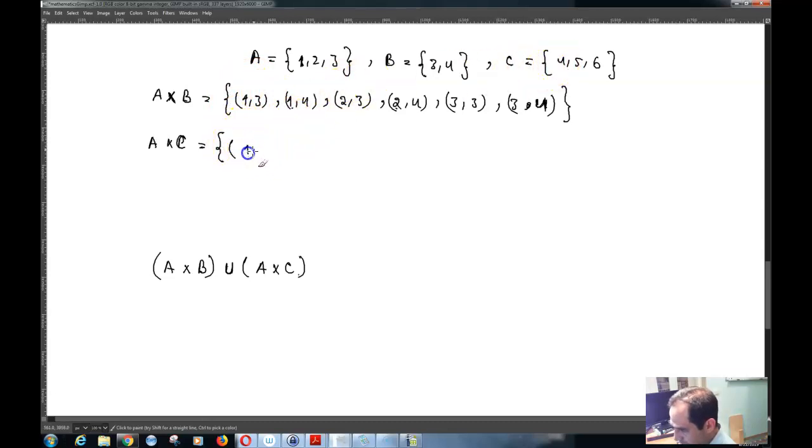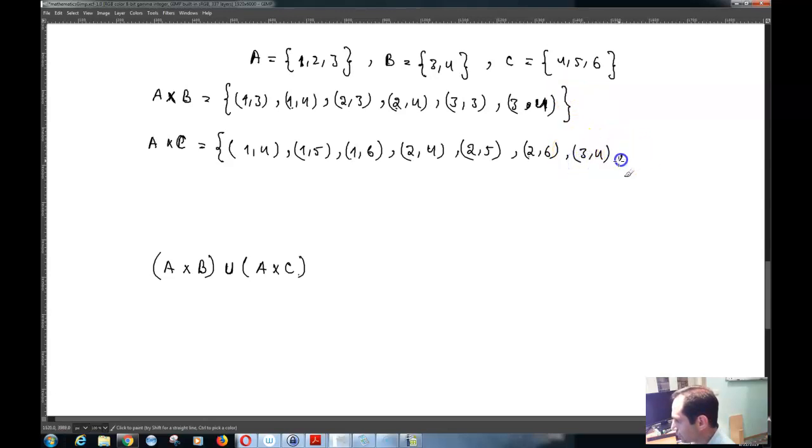You have (1, 4), (1, 5), (1, 6), (2, 4), (2, 5), (2, 6), and (3, 4), (3, 5), and (3, 6). That's the Cartesian product of A and C.